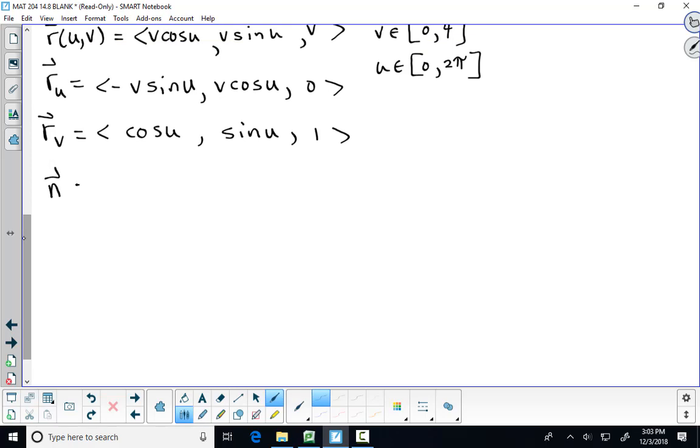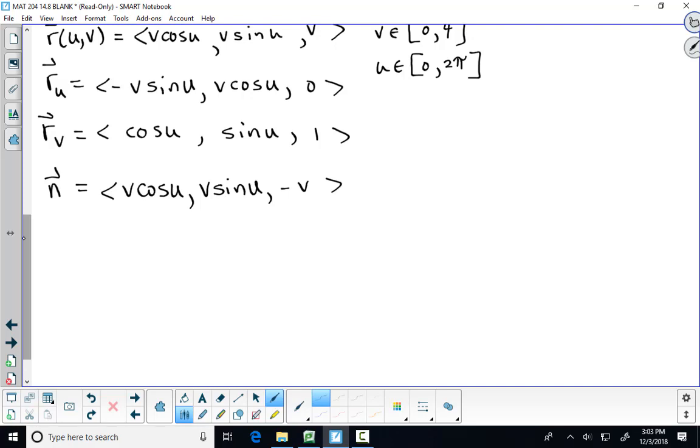So we're going to get v cos u, and then the middle component is v sine u. And the last component is minus v sine squared minus v cosine squared, and sine squared plus cosine squared gives minus v. So that's our normal vector.